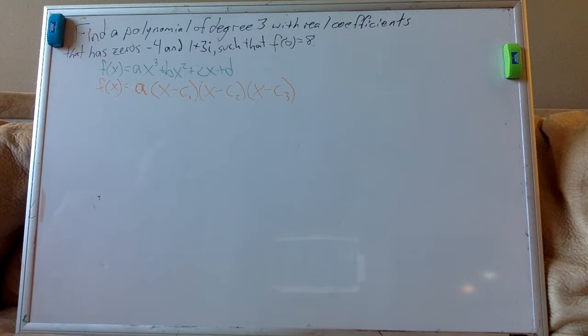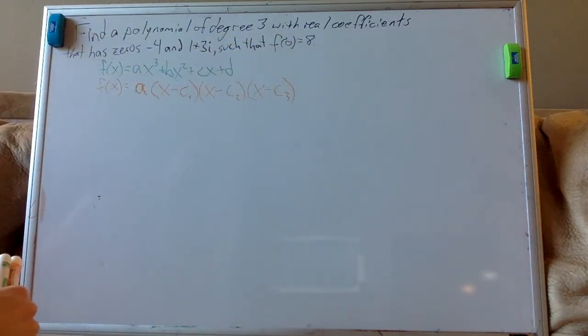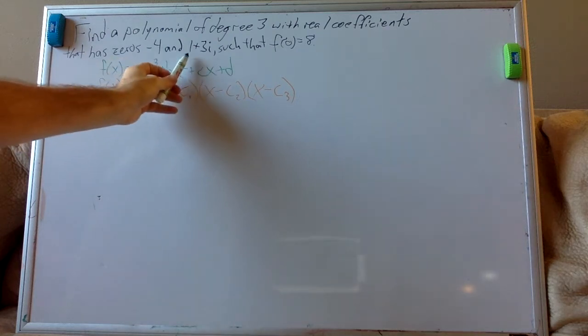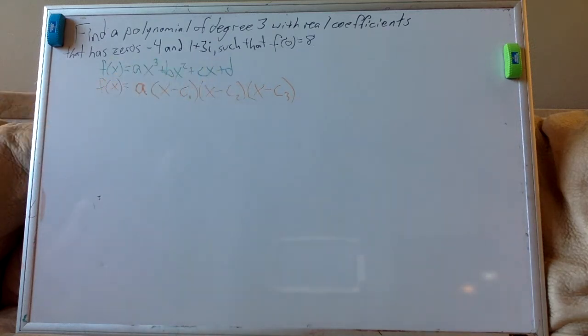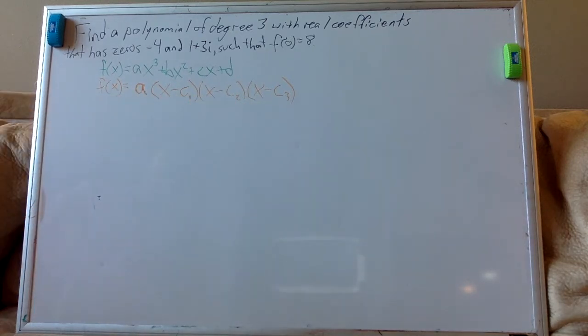The other clue that we have is that we know that we have real coefficients. Okay? And we can see here that our 1 plus 3i is a complex 0. So if I had that in one of these spots, then I wouldn't have real coefficients when I multiply that out.